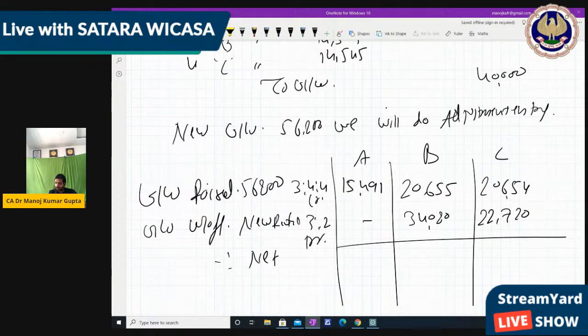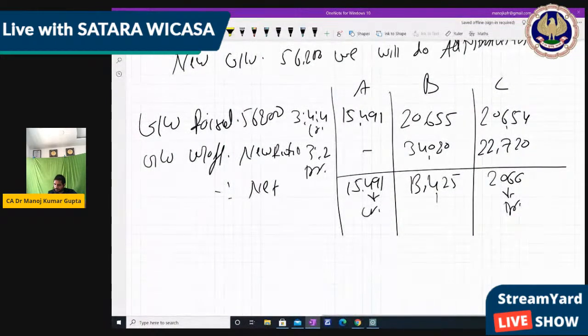Therefore, net 15,491 is credit, 22,720 minus 20,654, 2,066 debit, and this is also debit. 34,080 minus 20,655, 13,425 is also debit, right?